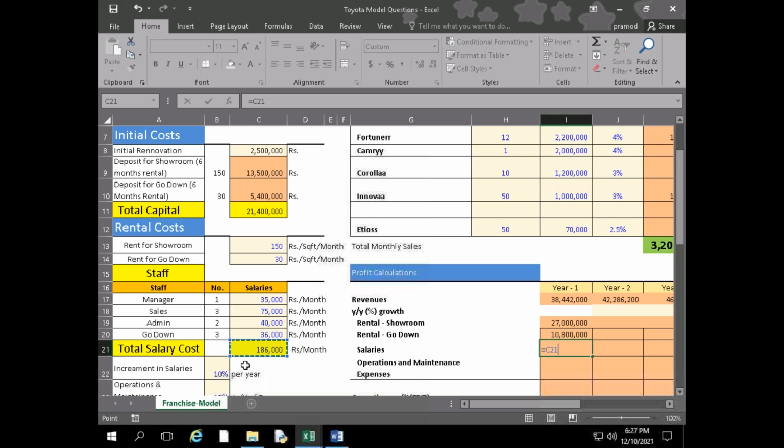Salaries increase by 10% every year, sir. So if it is increasing, you increase it by a particular percentage. How much is it increasing? 10%, a 10% year to year growth. So previous year into 1 plus 10%.